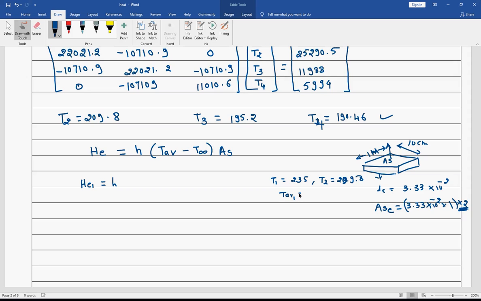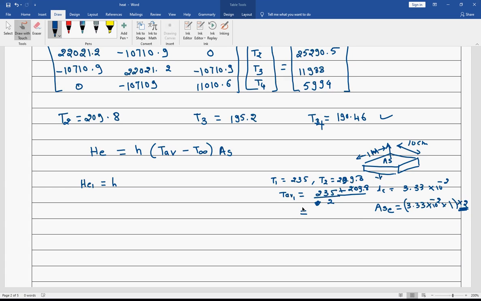Therefore, T average of element 1 is 235 plus 209.8 divided by 2.